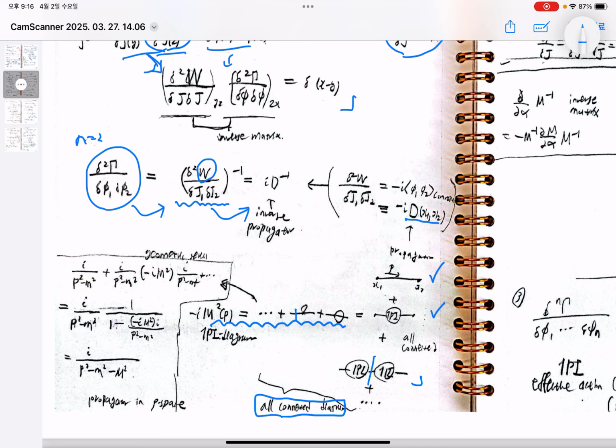If we cut this here, then we can divide it. In another video, I will talk about what 1PI diagrams are, in the other compatibility discourse. If we sum all the 1PI diagrams as a geometric series, then we can obtain the propagator in momentum space including all the connected diagrams.